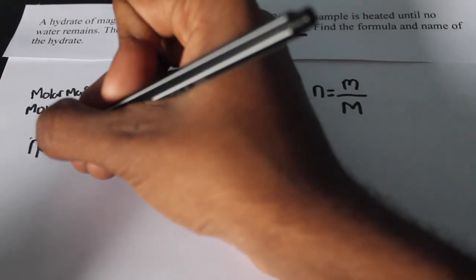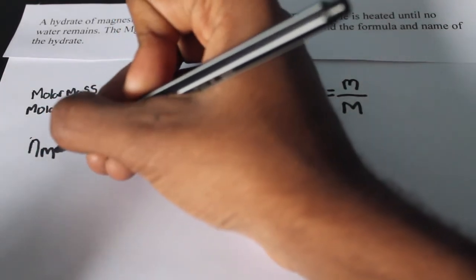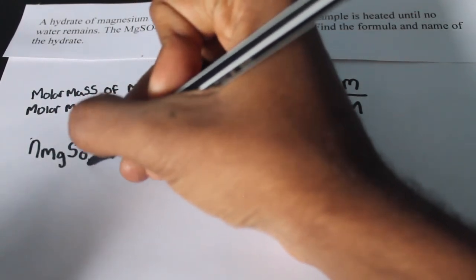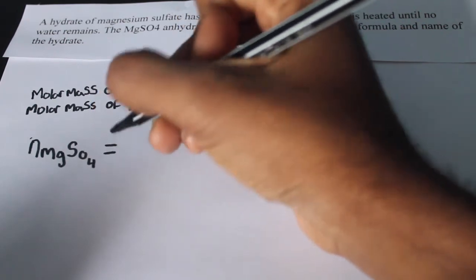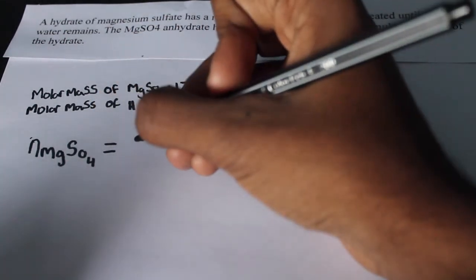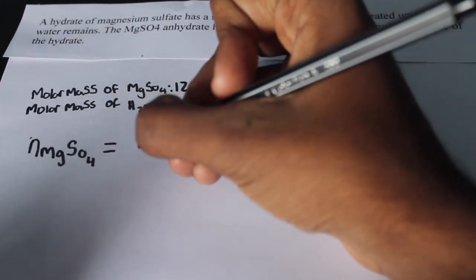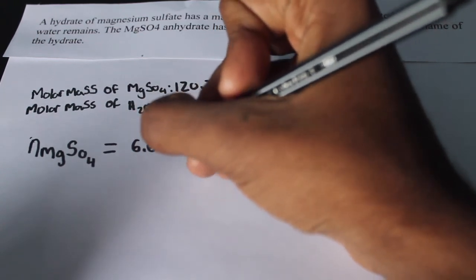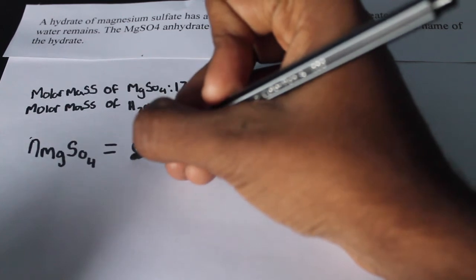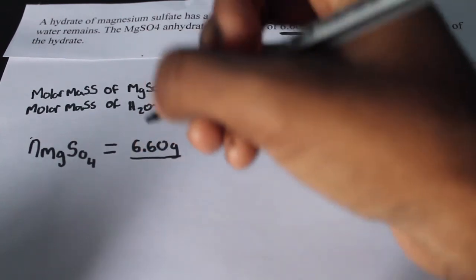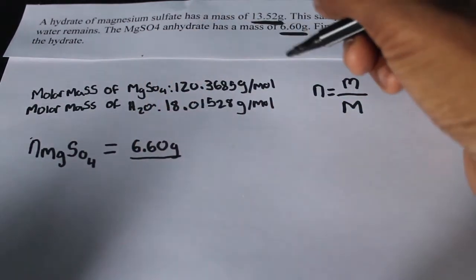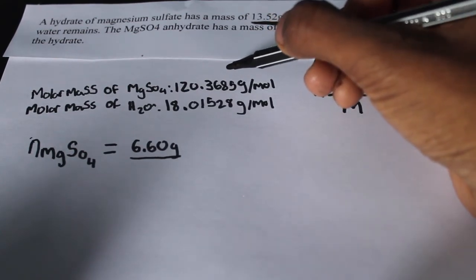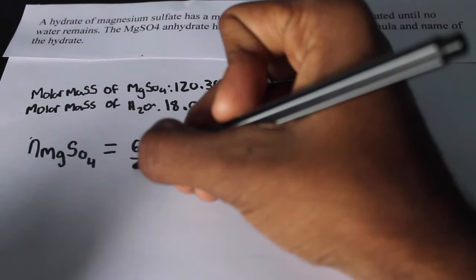Number of moles of magnesium sulfate is equal to the mass of magnesium sulfate, which is 6.60 grams, over the molar mass, which we found to be 120.3685 grams per mole.